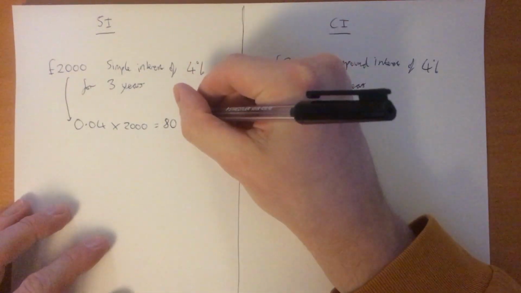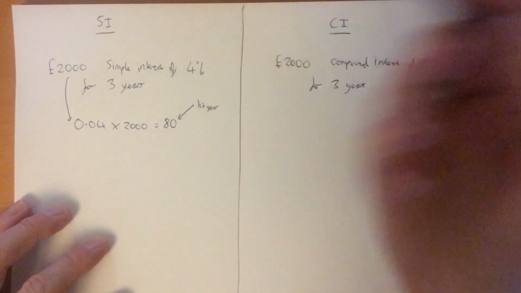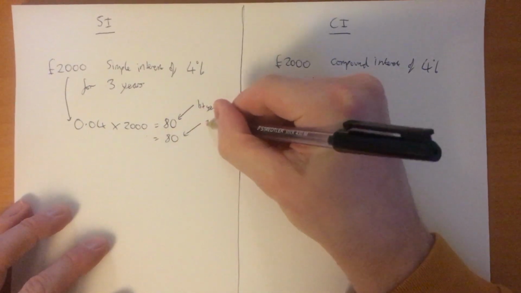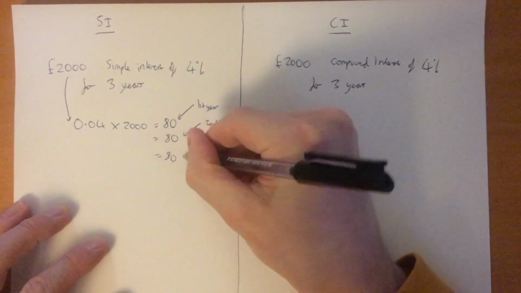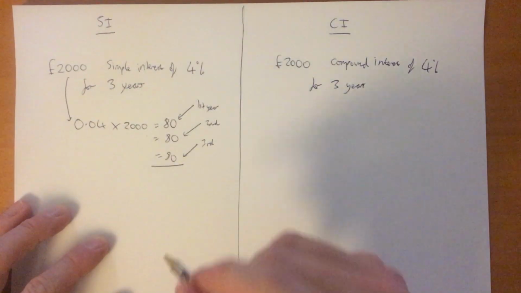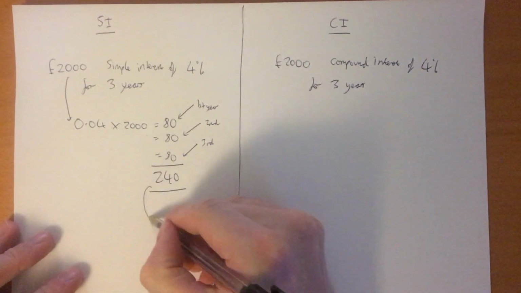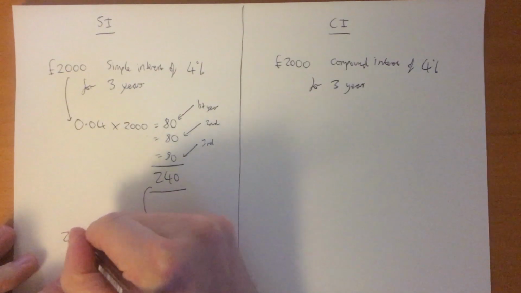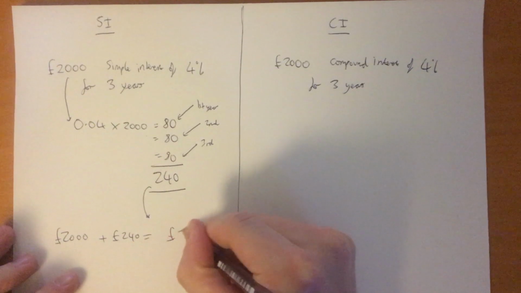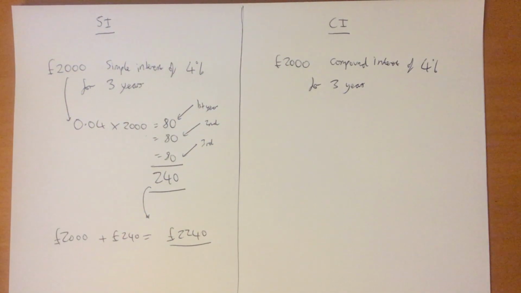That is how much you increase in the first year. For simple interest, if you're doing it for 3 years, you increase by 80 in the second and then by 80 in the third. So in total, out of those 3 years, you're increasing it by 240, and that is how much you then add to the 2,000. So £2,000 add the 240 is 2,240. Okay, so that would be an example of simple interest.